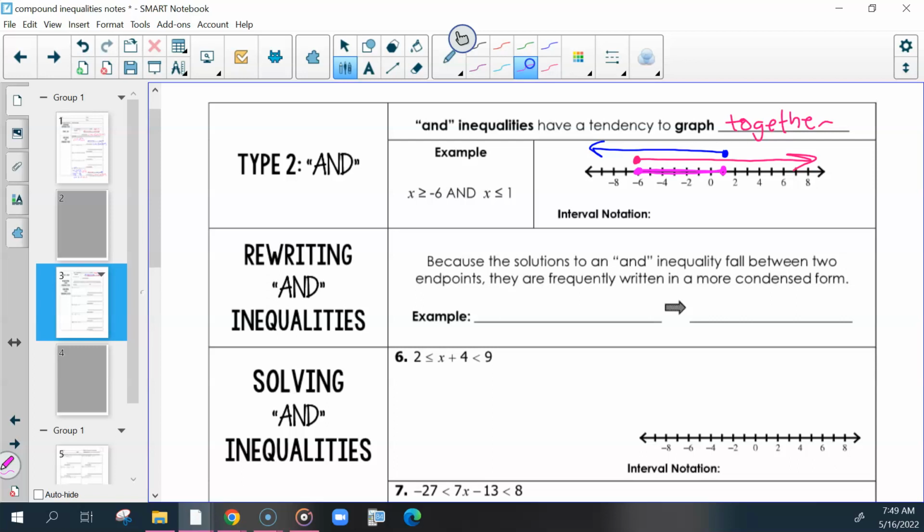Where does this start? Would it be a bracket or a parenthesis? Bracket. And where does this end? 1. And would that be a parenthesis or a bracket?